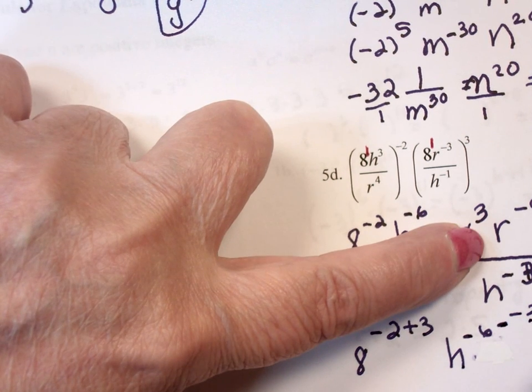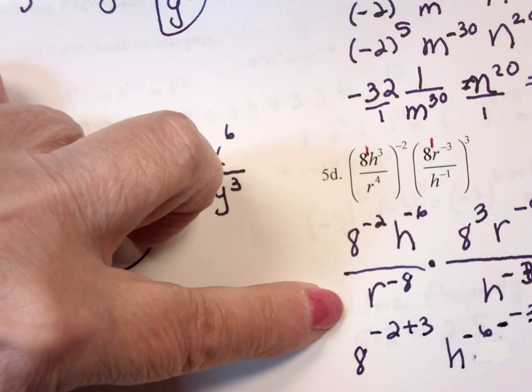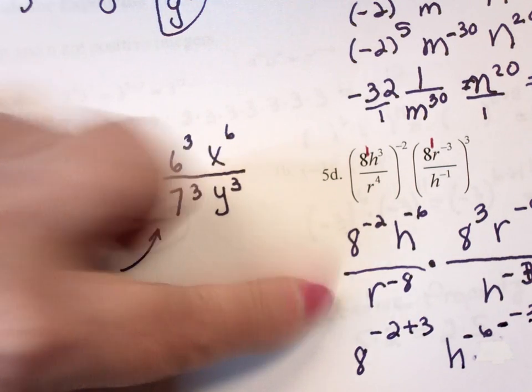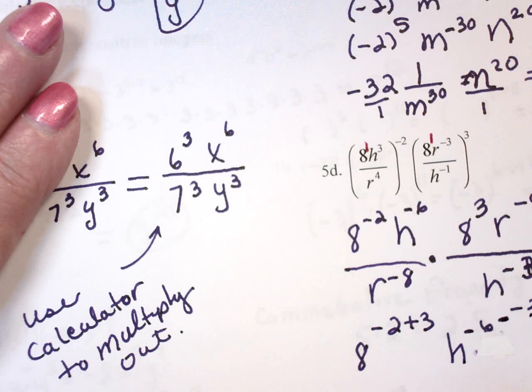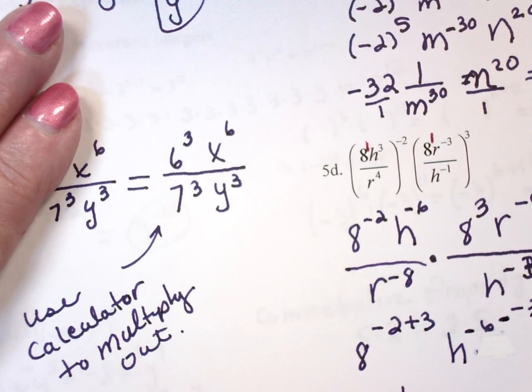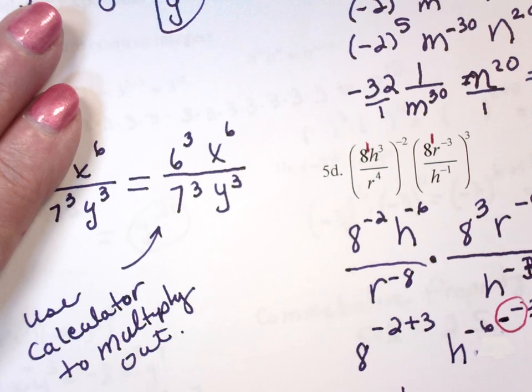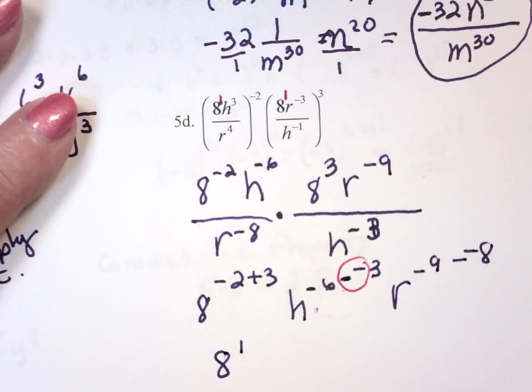R to the minus 9 minus a minus 8. So that's 8 to the 1.